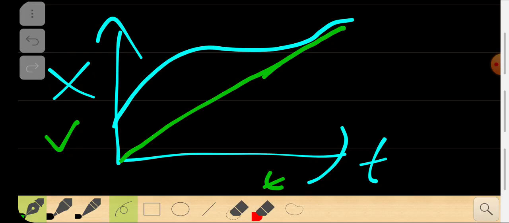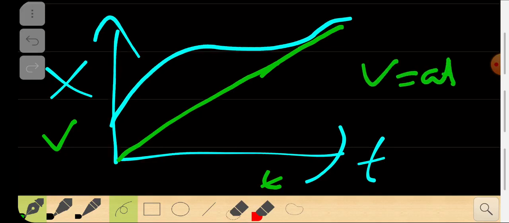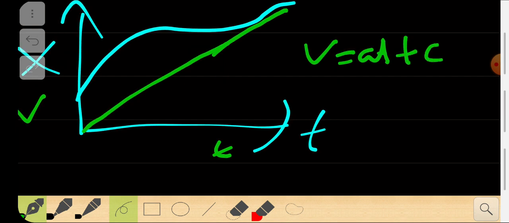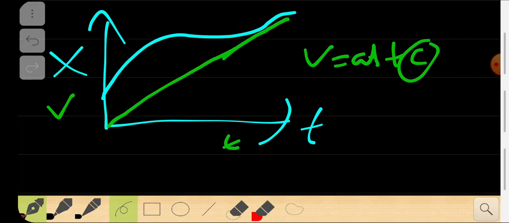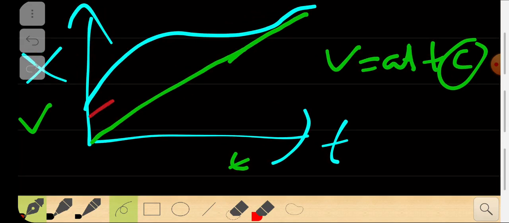You can move around this line. All you have to do is change the value of v equal to at by adding some constant to it. Then the line will shift based upon that constant, moving parallel to the original line.